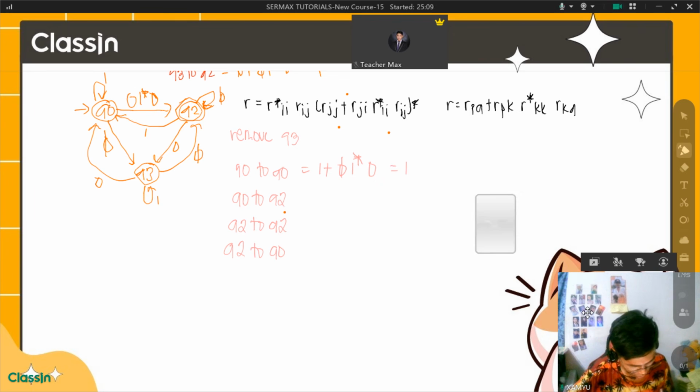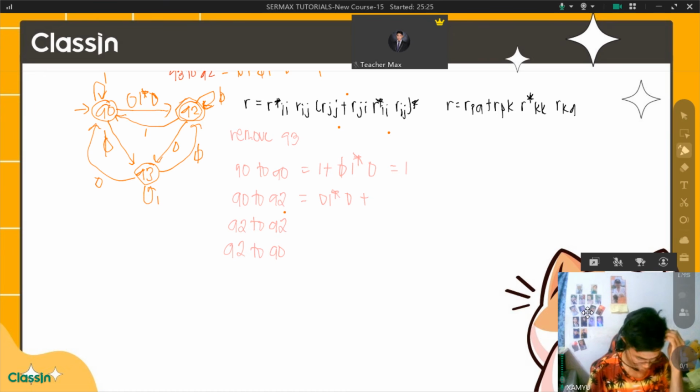Okay? So for this one, Q0 to Q2, it will be 0, 1, clean star, 0, plus Q0 to Q3, that is null, then from Q3 down to Q3, it will become 1, clean star, and then Q3 to Q2, that is null.